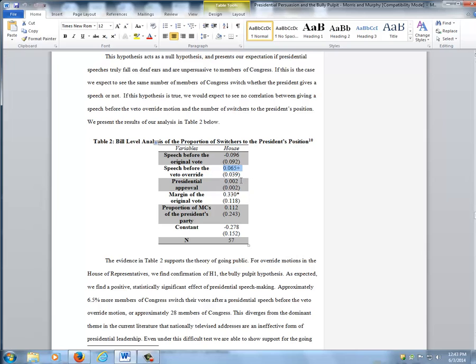Presidential approval has a 0.002 effect. Margin 0.330. Proportion of members of Congress of the president's party, positive 0.112. So okay, this top number here is the coefficient. The bottom number is the standard error.